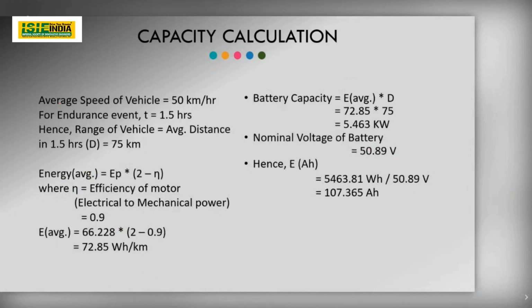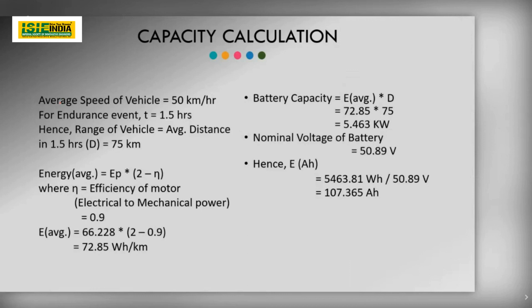The average speed of our vehicle was calculated by the transmission system and was about 50 kilometer per hour. And the event that we participate in, that is ISI's ESVC, has an endurance event of 1.5 hours. This is the event where our actual battery capacity is tested. We will do all the battery capacity calculations according to the endurance event.